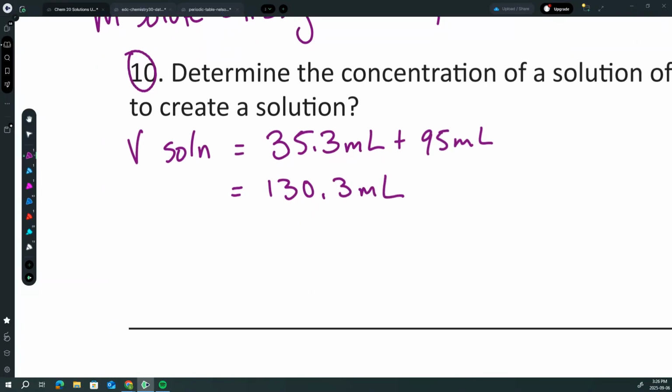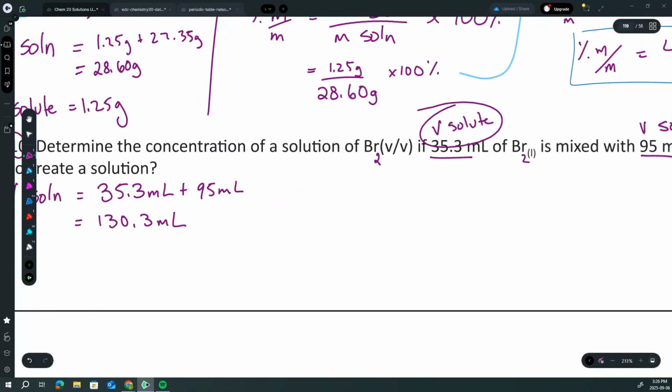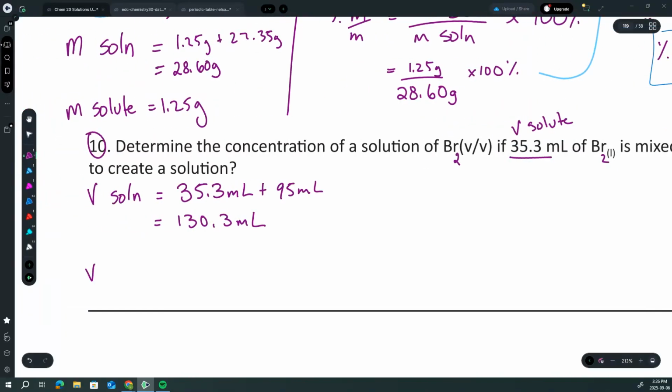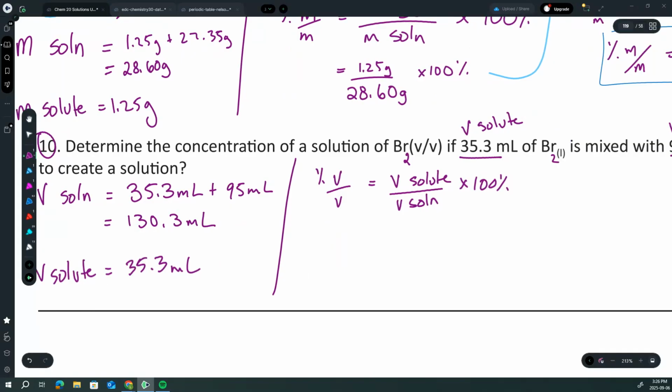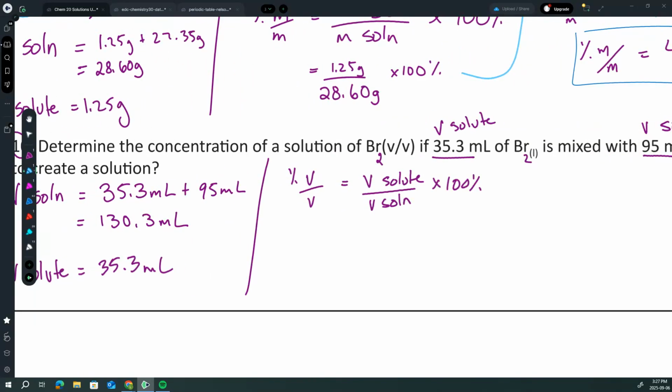I already have my volume of my solute labeled here. If you really wanted to put that over here for your list of givens, you can. You don't have to because I already labeled it. So 35.3 milliliters. Percent volume by volume is volume of solute divided by volume of solution times 100%.